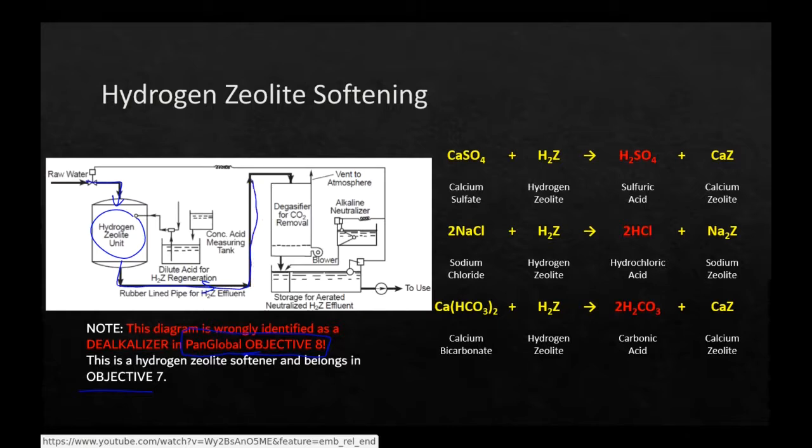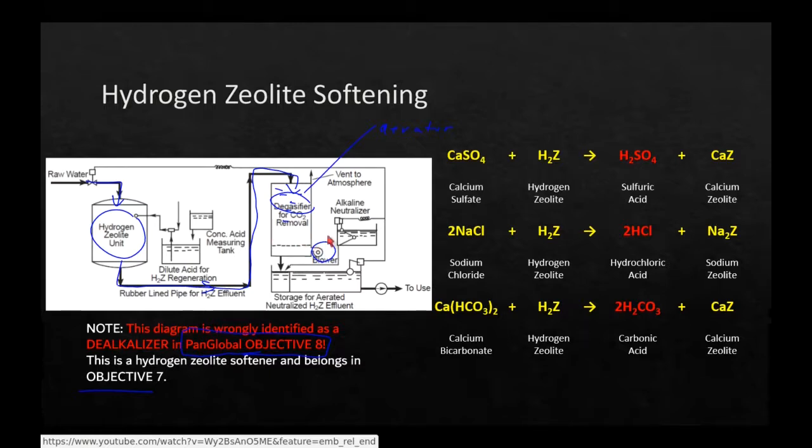So downstream of the hydrogen zeolite softener, we've got plastic pipe, because plastic, of course, is corrosion resistant. Then we're going to put that into, first of all, a degasifier, which is really an aerator. Just like we saw for getting rid of iron, the degasifier has got a blower. It's got all these trays. The water cascades over it, breaks up into small particles with a large surface area. And what we do is we expose it to oxygen.